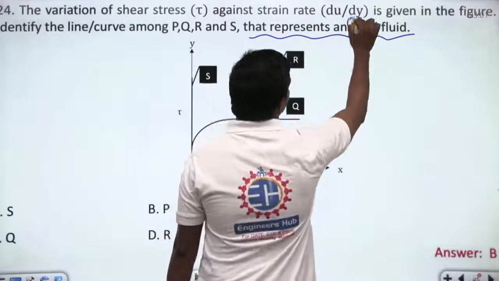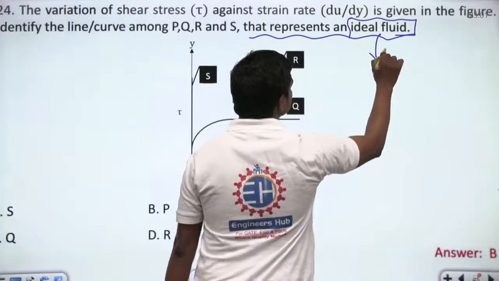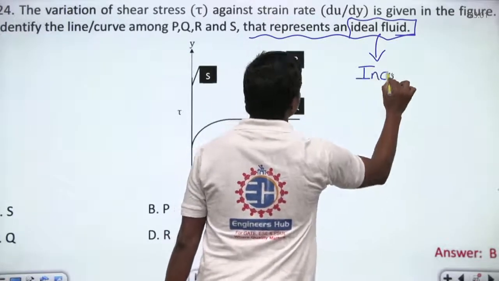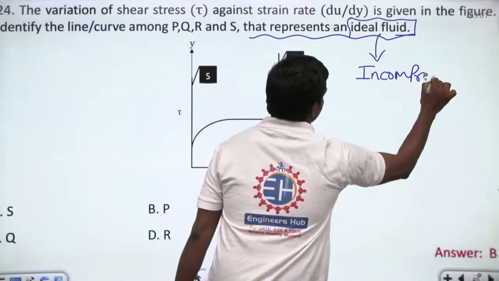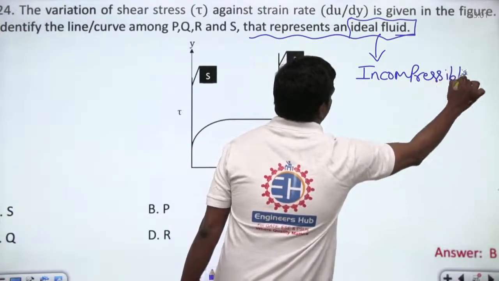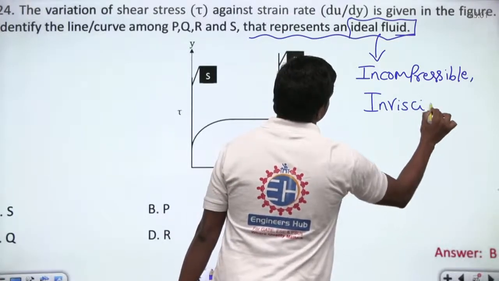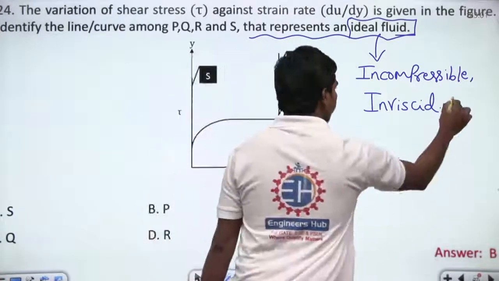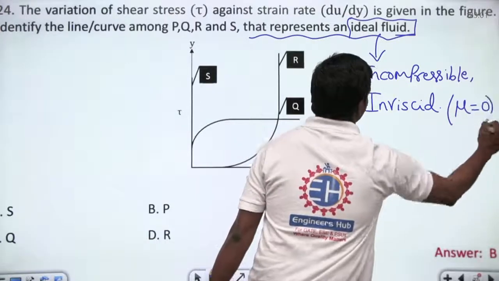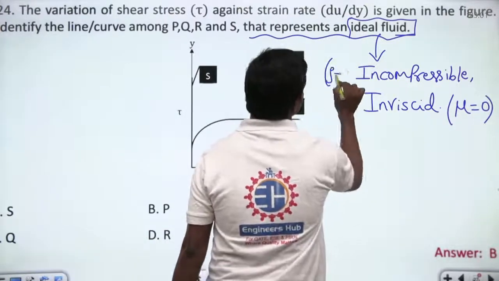I told you clearly, an ideal fluid is nothing but a fluid which is incompressible and also inviscid. So the fluid doesn't have any dynamic viscosity and its density remains constant.